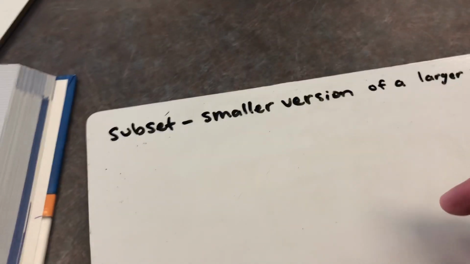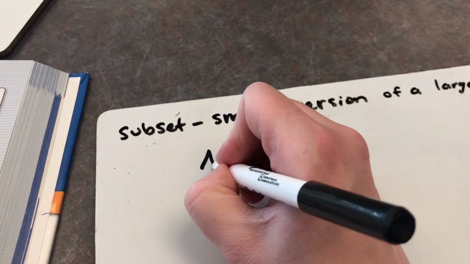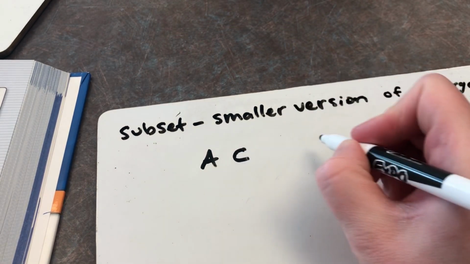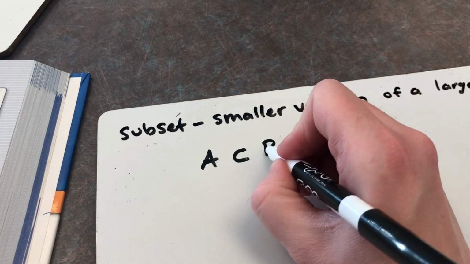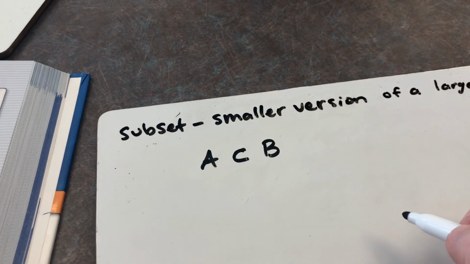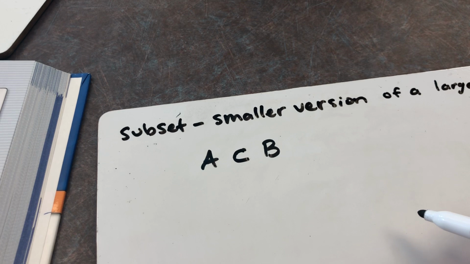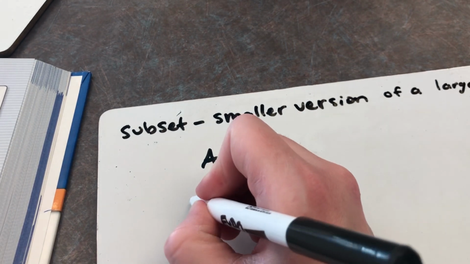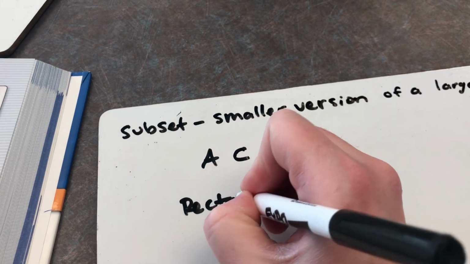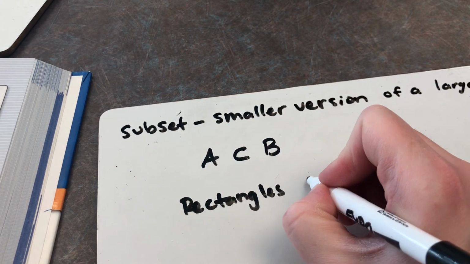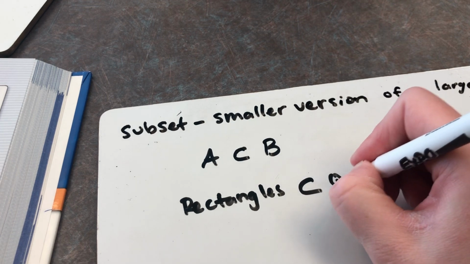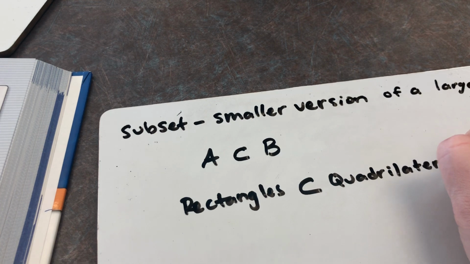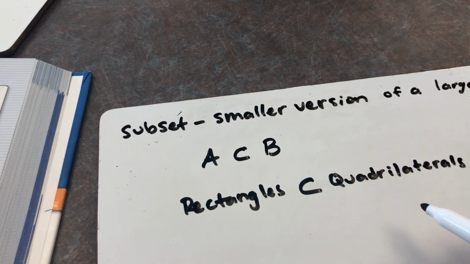And so we use this notation where we would say set A is a subset, it looks like a spread out U, of B. So A is a subset of B. So if we were talking about quadrilaterals, we could say, for example, that rectangles are a subset of quadrilaterals.